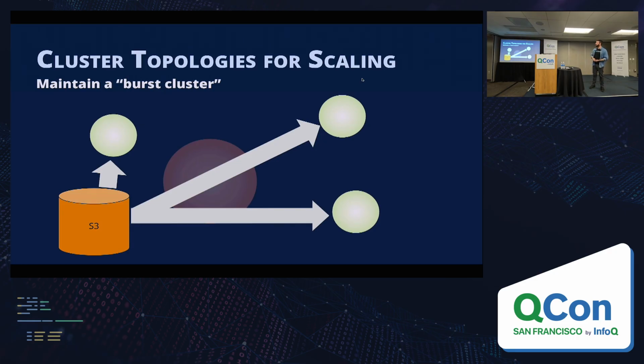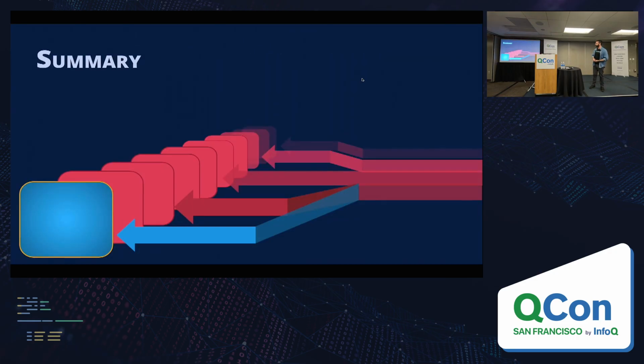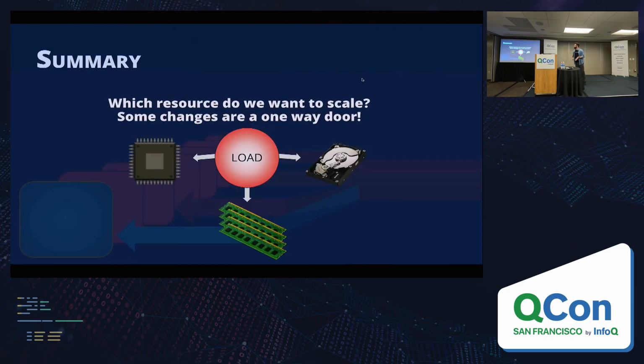So this is the burst cluster topology. I like to summarize. It's going to be a bit long. That's why it's happening at this point in time. So just to summarize, there are 3 different resources that we want to be scaling. You have to be mindful when you're maintaining your cluster which one is the one that causes the pressure.